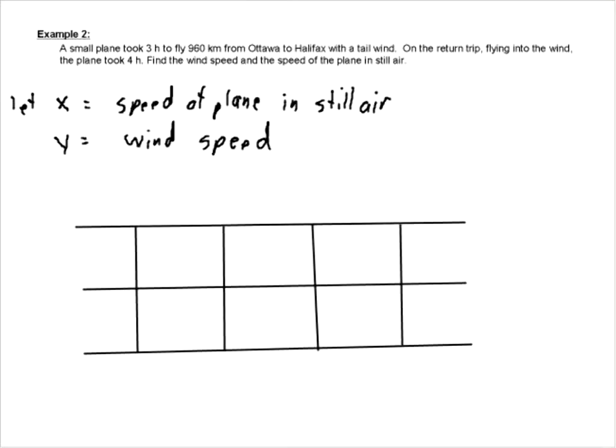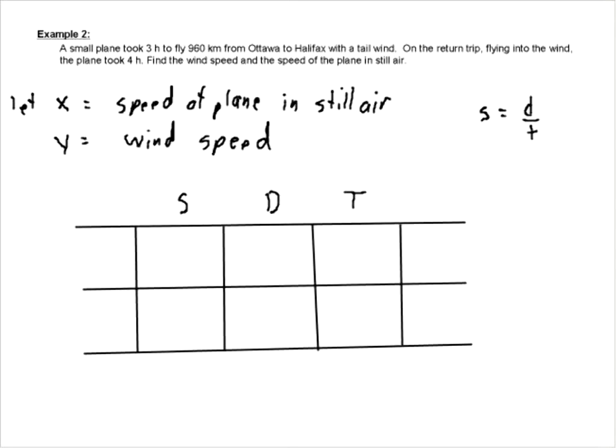Because we're going to gather the information from our word problem, and we know we're dealing with speed, distance, and time. And let's recall that speed is distance over time.